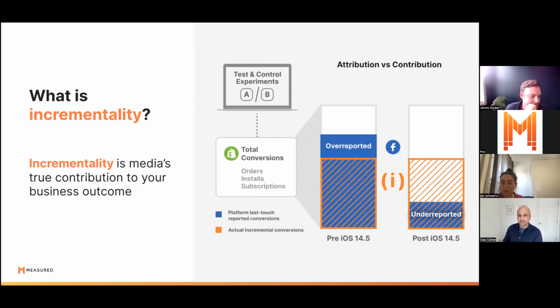James, any other call outs here? Yeah, I mean, just to emphasize how messy the situation is now, Facebook is no longer tracking anywhere close to 100% of the universe, as everyone knows, right? On a previous slide, Clay, you noted that like 25% of Facebook iOS users are opting into tracking. So they've lost track of 75% of that universe. That's not the whole universe, but it's a big chunk of the universe.